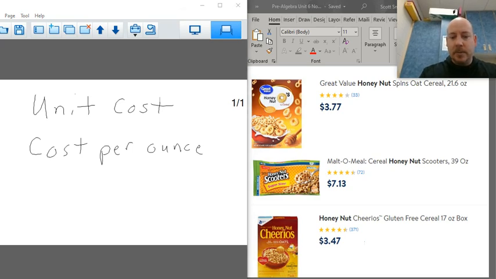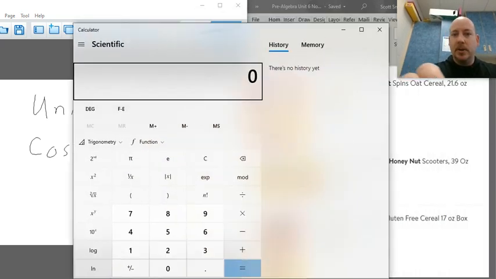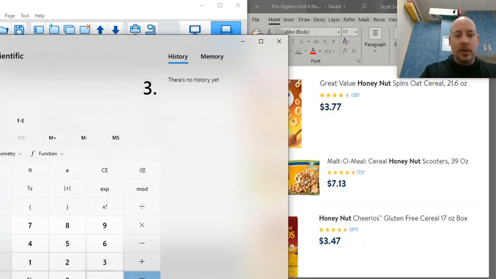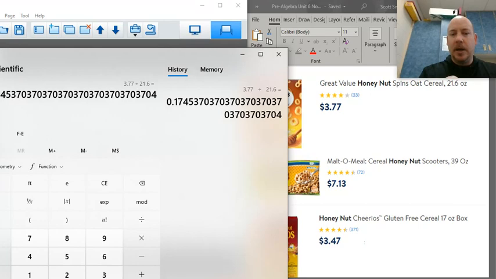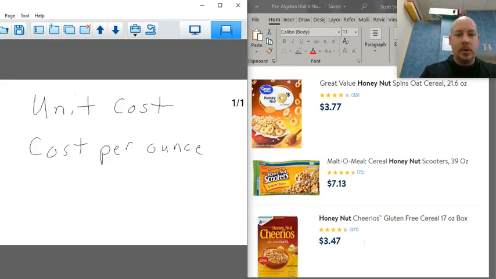And that is not a mental math problem for me, so I am going to use a calculator. 3.77 divided by 21.6, and that gets me to be about, I'm going to round that up to about 17.5 cents. Okay, you might have to round differently depending on the numbers, but I'm going to go 3 decimal places here, so 0.175 when I round it.